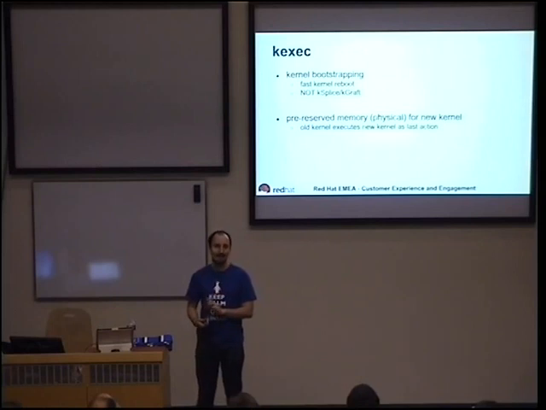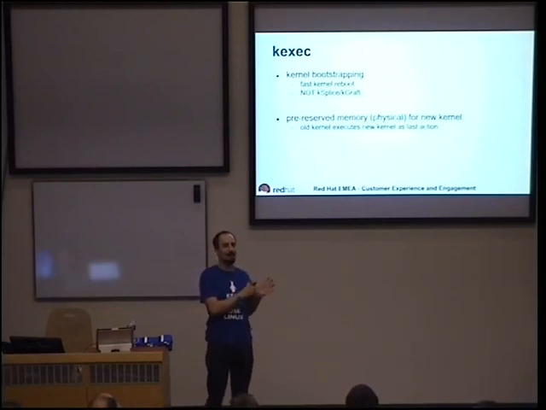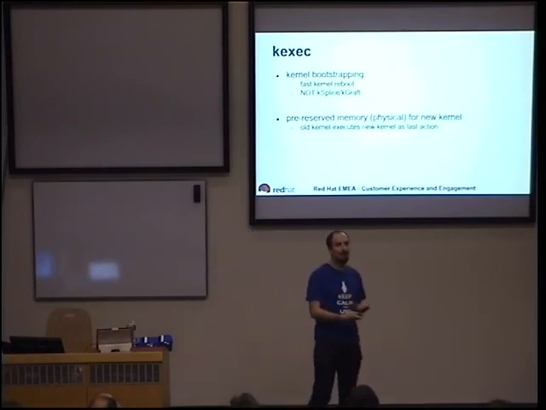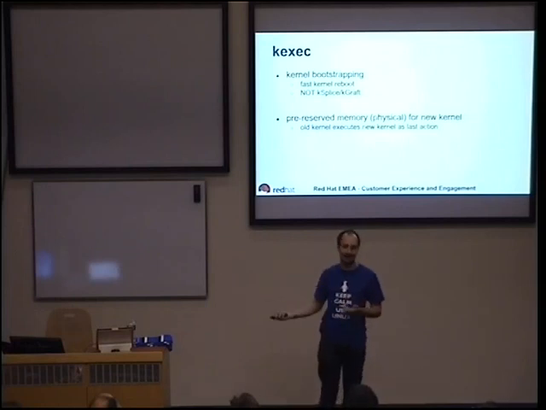So to run Kexec on a new image, I have to reserve a piece of the physical memory just to store an image which I'm going to later on execute with Kexec.